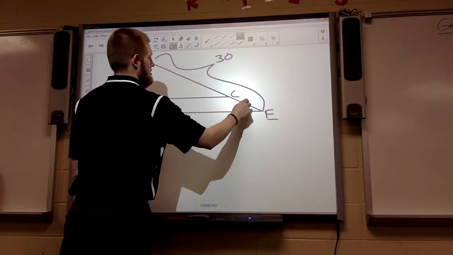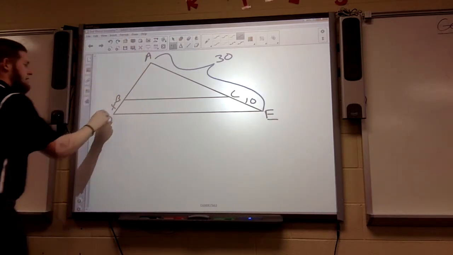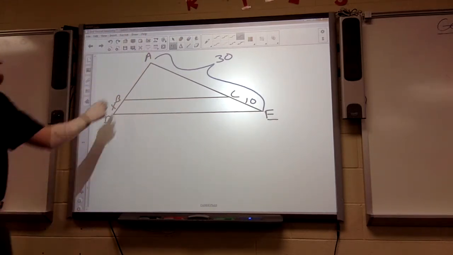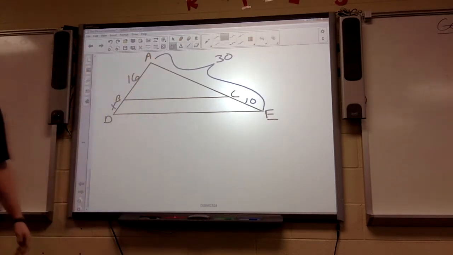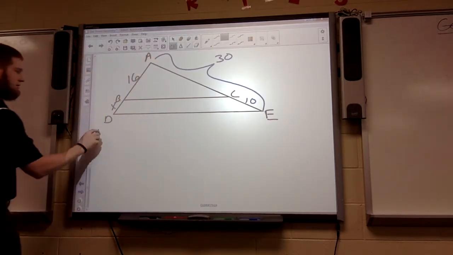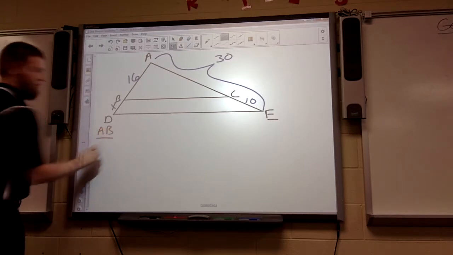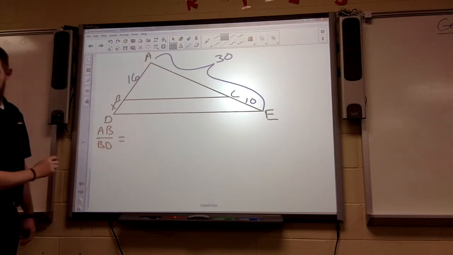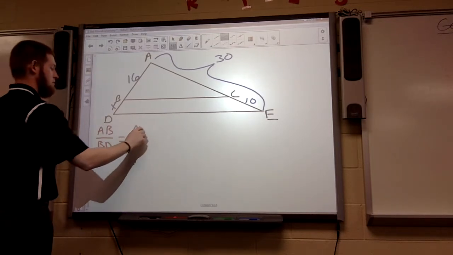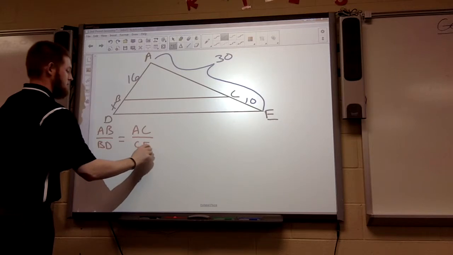They tell me that CE is 10. This is X. And that one's 16. And that one is 16. Alright, and then they tell me that AB over BD is equal to AC over CE.